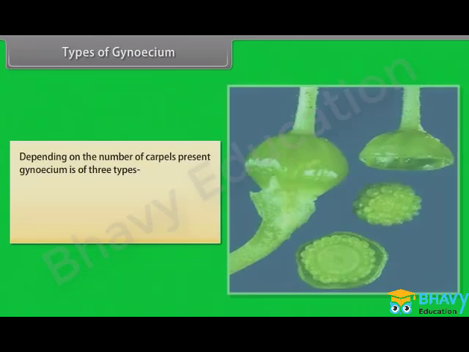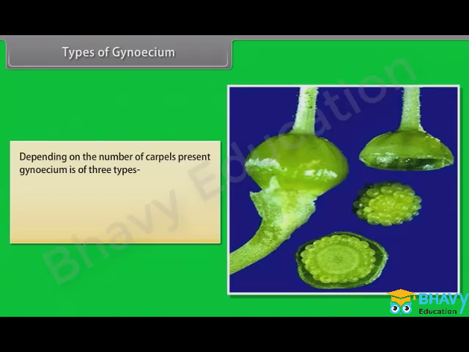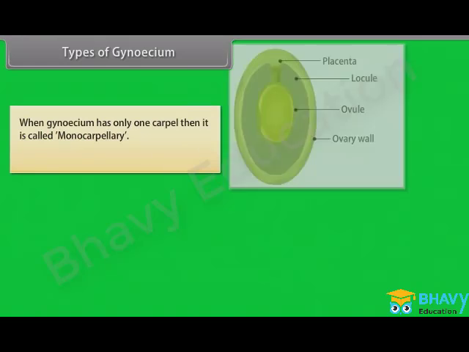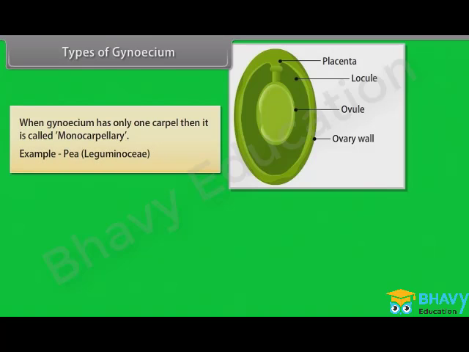Types of gynoecium. Depending on the number of carpels present, gynoecium is of 3 types: monocarpellary, bicarpellary, polycarpellary. When gynoecium has only 1 carpel, then it is called monocarpellary. Example: pea, Leguminosae.